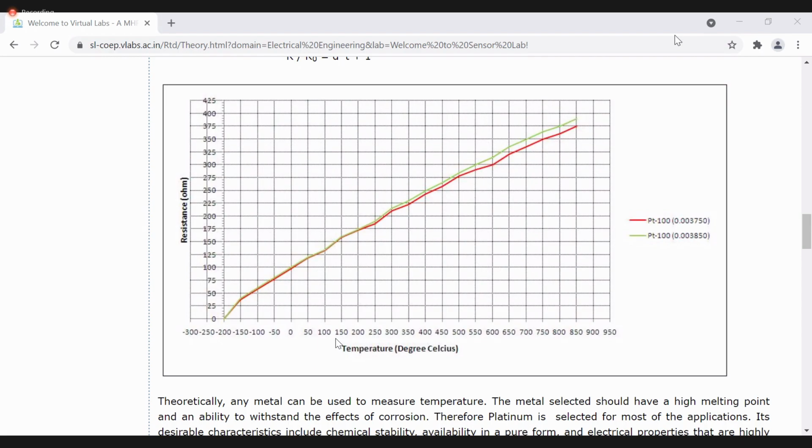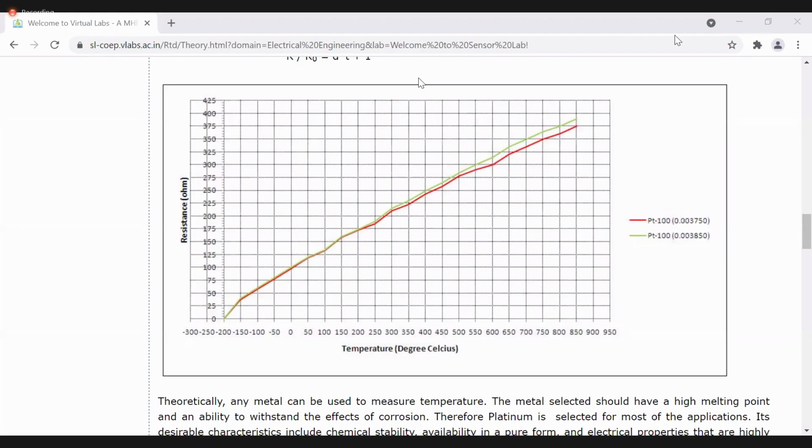On the y-axis, we have 0, 25, 50, 75, 100, right? At 0 degrees Celsius, what is the resistance value? It is 100, sir. PT means the metal which we are using. 100 means its resistance at 0 degrees Celsius. So that is the logic of the name. PT100 means indirectly we can know at 0 degrees Celsius its resistance is 100 ohms. Okay, Vidya, very good. You have tried.